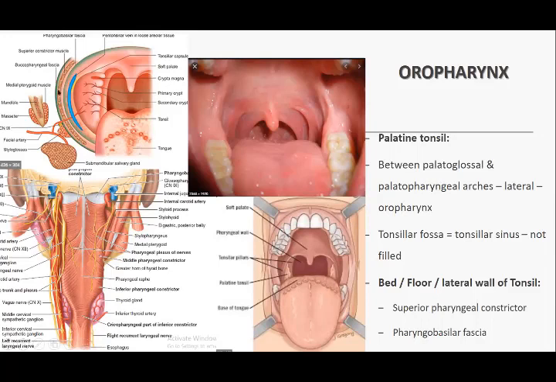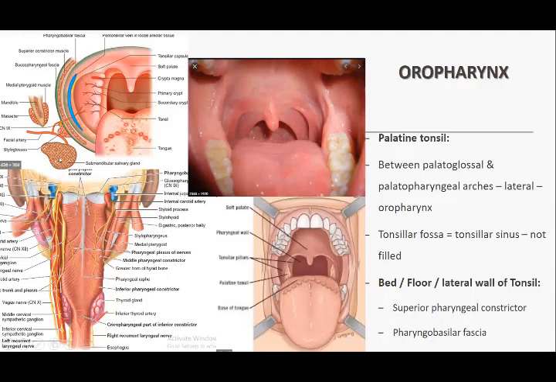And still outside, this is the buccopharyngeal fascia. On the outside over here, you have blood vessels and nerves: the glossopharyngeal nerve, the vagus nerve, and don't forget, the internal carotid artery lying over here, if it is high enough.